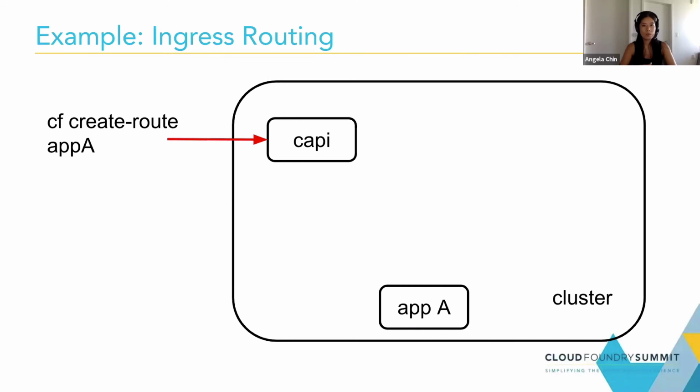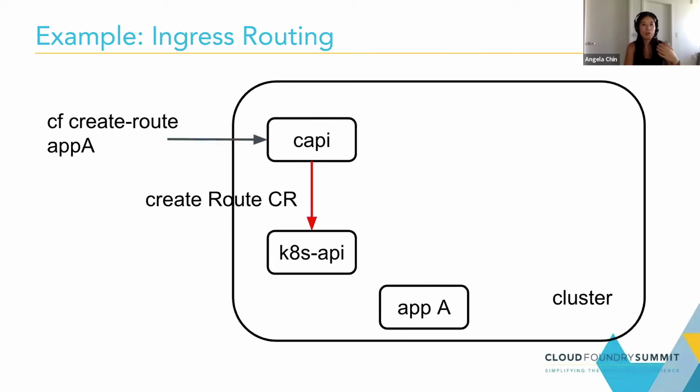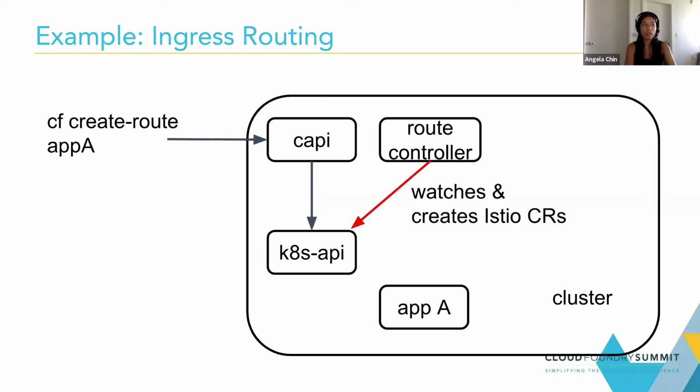In this case, we're going to look at the example of ingress routing. Currently in CF for K8s, when you create a route, so you run cf create route, you'll be reaching out to CAPI, which is actually already doing the work to create a route custom resource in the K8s API. The networking team has done a lot of work in regards to not only creating the route custom resource definition, but also the corresponding route controller that's able to watch for these route custom resources and, based on the creation of them, create Istio configuration.